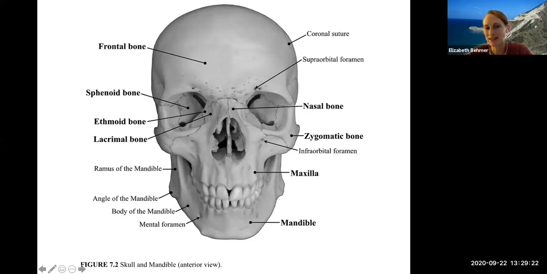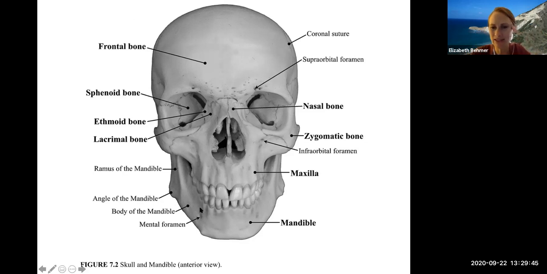From the eye socket, you can look through and see the sphenoid bone, and you can also see your ethmoid bone. The lacrimal bone makes up the medial side of your eye socket. It has a kind of duct or drainage system where your tears will drain after they're made and travel across the eye.